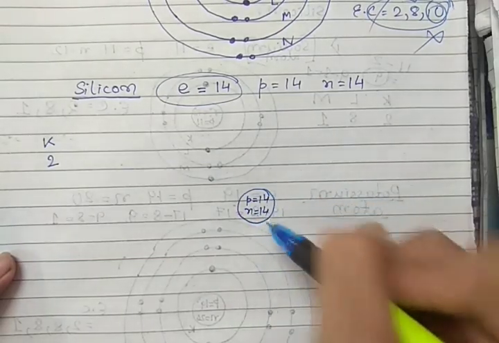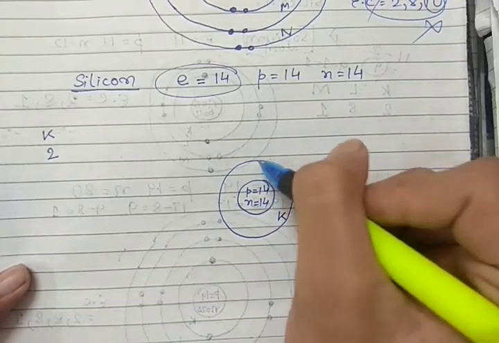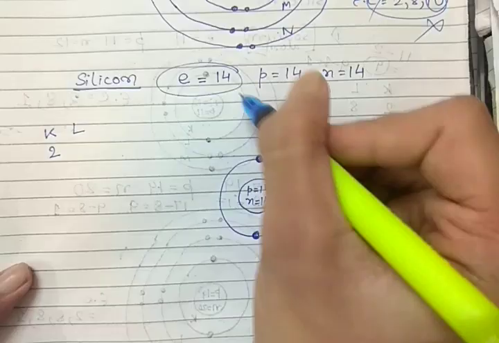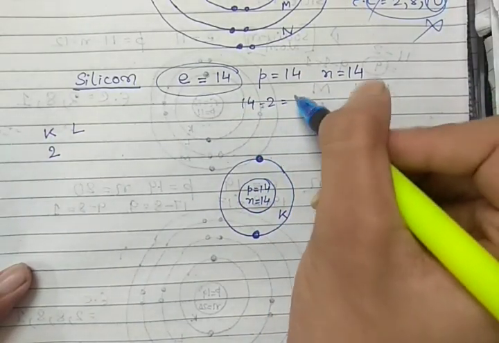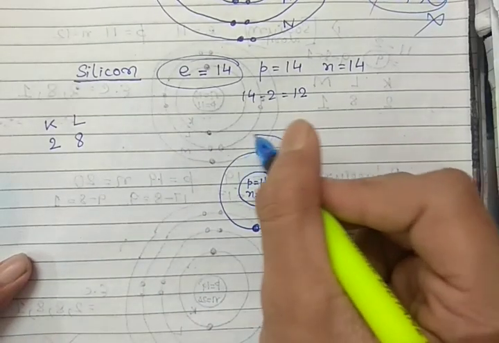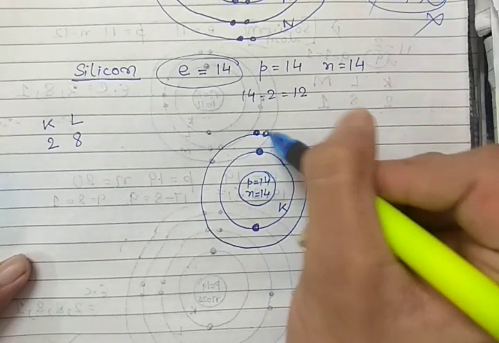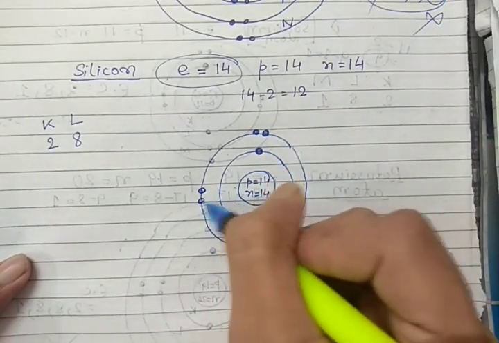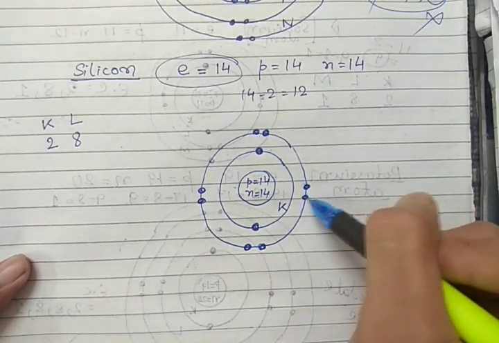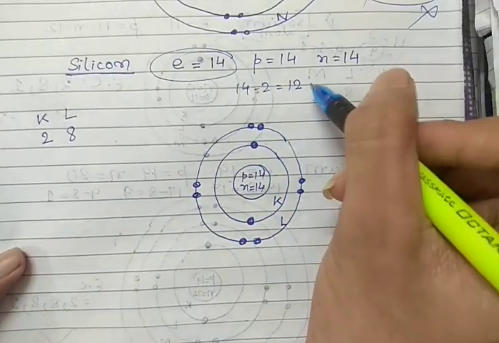The first shell is the K shell. K shell will have 2 electrons. After that, 14 minus 2, how many are there? 12. So the L shell will have 8 electrons because it can accommodate a maximum of 8 electrons: 1 2 3 4 5 6 7 8. Then 12 minus 8 is 4 remaining.